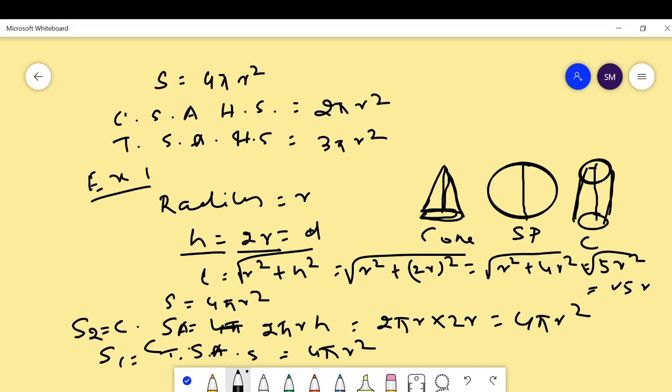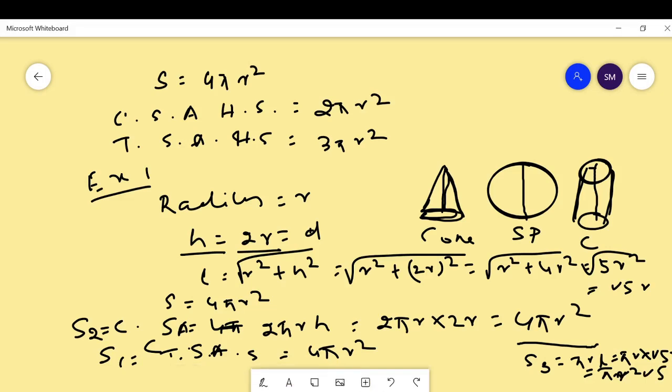The curved surface area of the cylinder is 4 pi r square, and the curved surface area of the cone is equal to pi r l, which is equal to pi r into root 5 r, which is equal to root 5 pi r square. Okay.